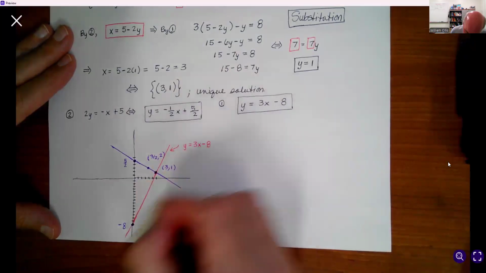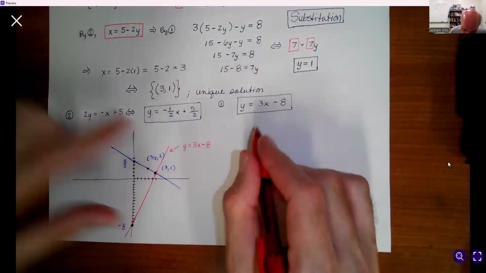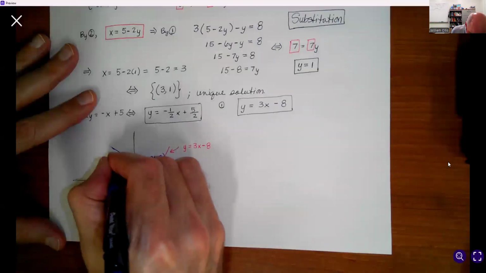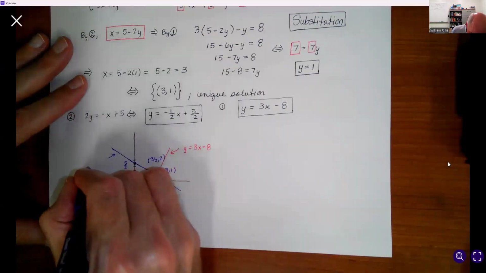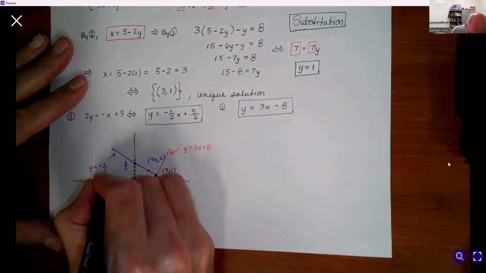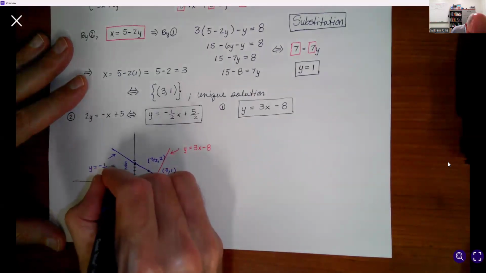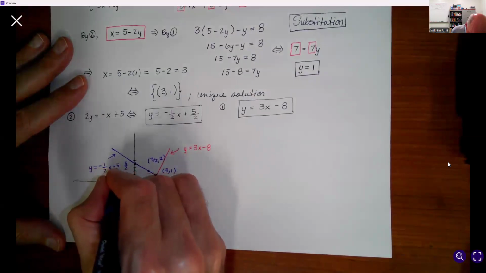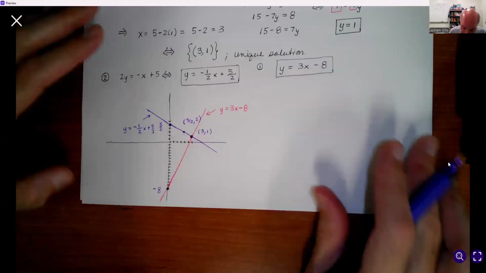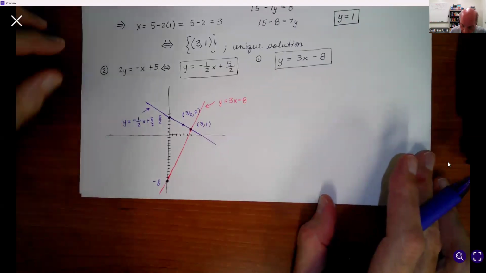So we know that has increasing because, again, the slope is positive. And the other one is decreasing because it has a negative slope, as we see negative 1/2. So this is y equals negative 1/2 x plus 5/2. And I'm getting close to the 5/2 here, which is the actual y-intercept for this equation.